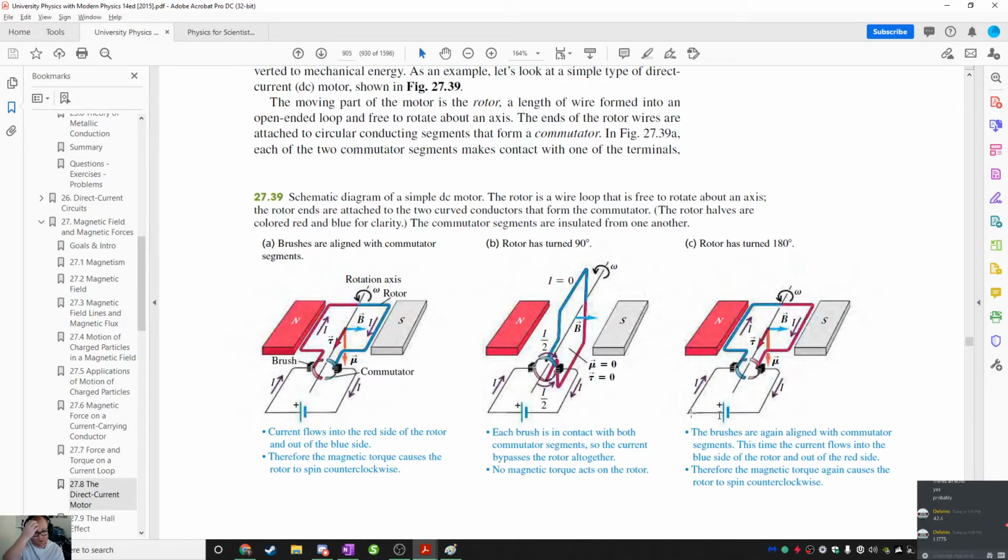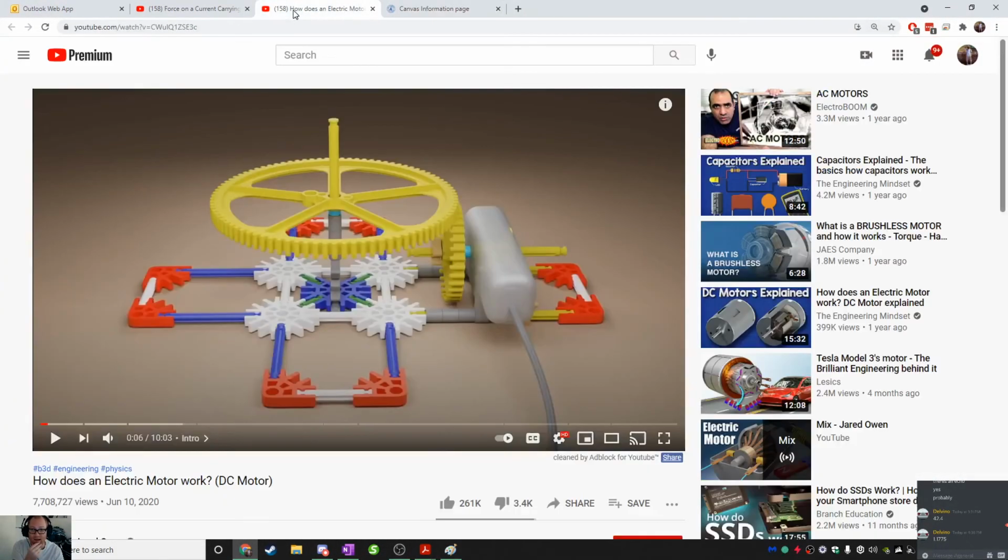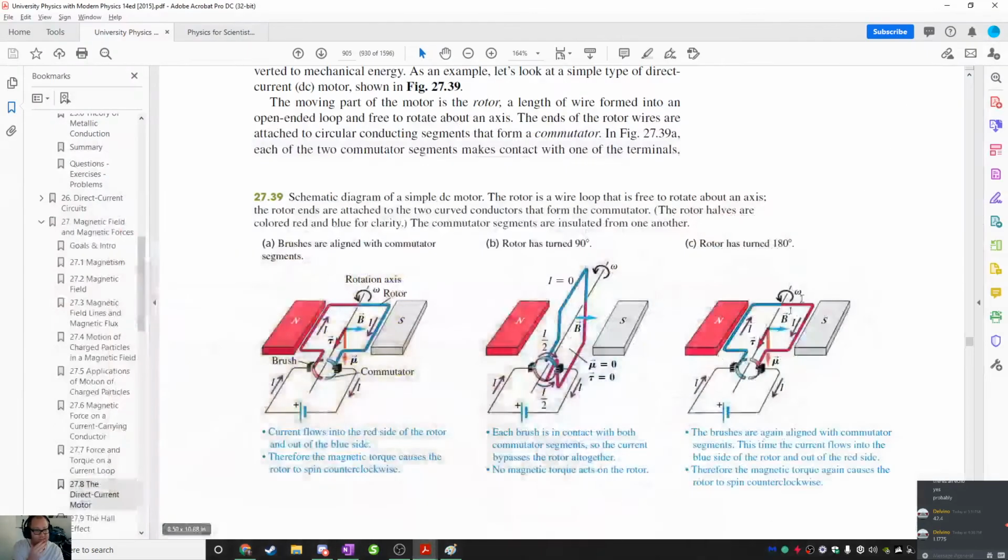Again, transferring the electrical energy of the battery into the rotation of this object, and if you stick something on the end here, you can use the rotational motion to drive a little car or something like that.